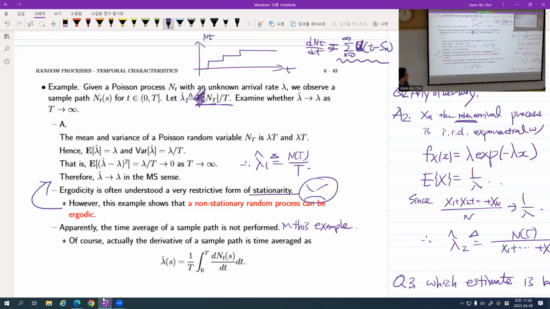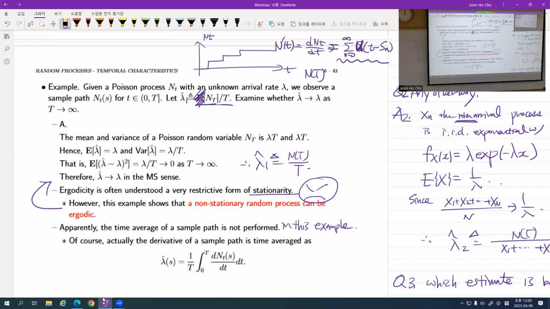What is N of t in terms of, for example, N prime of t? Let's say that is the differentiation of N of t, a random process. We haven't yet talked about stochastic calculus, which means calculus involving random processes, but anyway, that is simple.